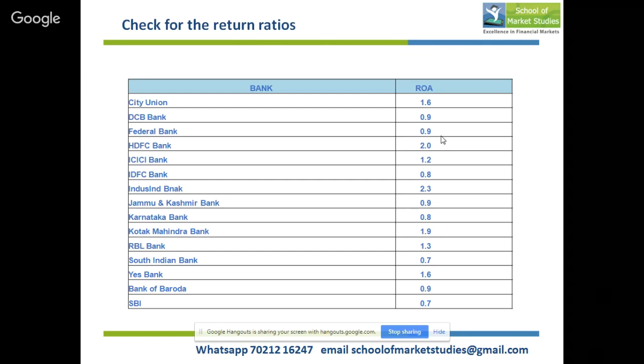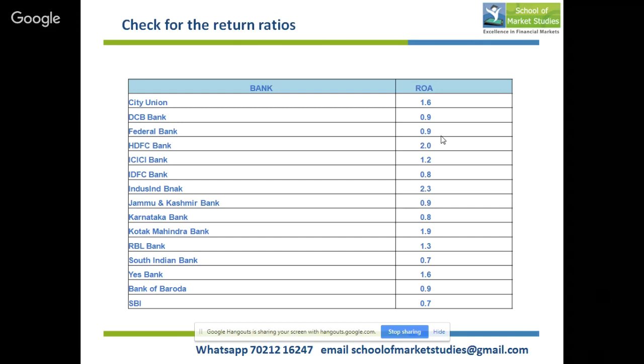Federal Bank goes out, JNK Bank goes out, right? Karnataka Bank goes out. So we are left with the banks list now being further shortlisted to IndusInd Bank, HDFC, Kotak, CUB, Yes Bank, and RBL Bank.